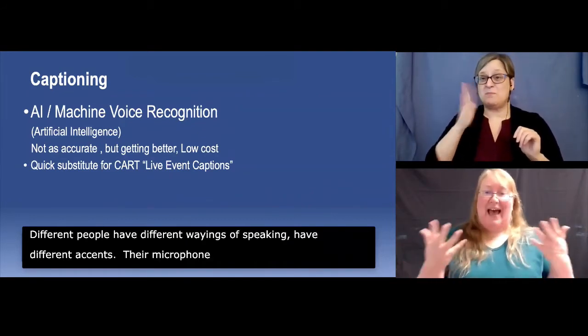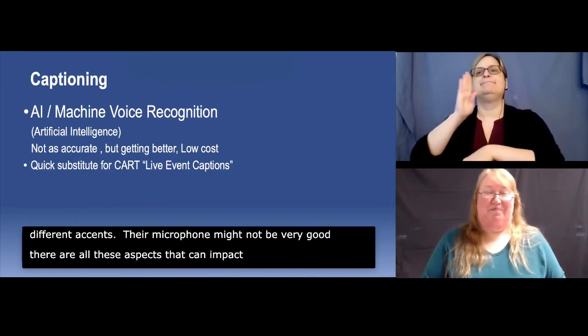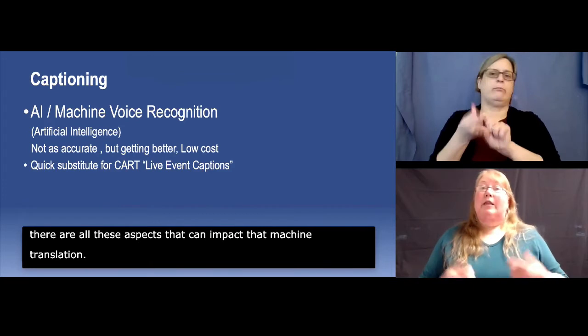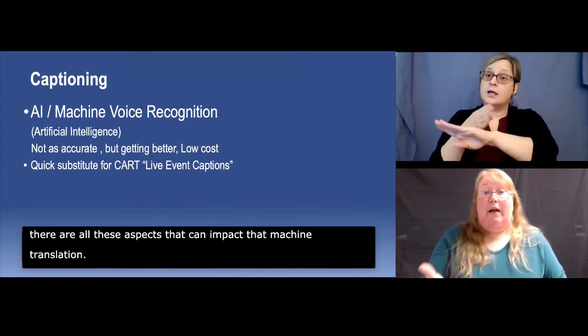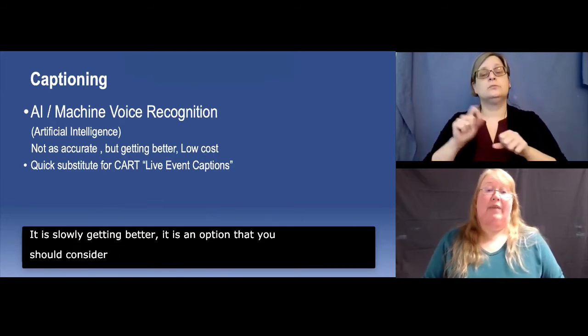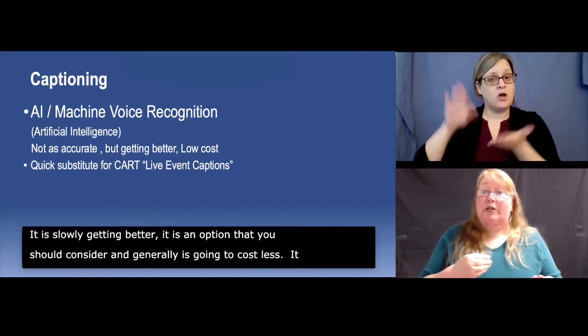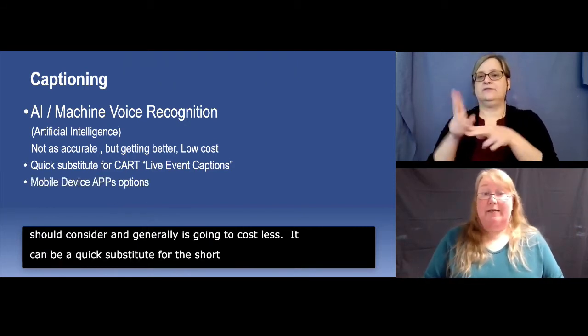There's all these aspects that can impact that machine translation. It is slowly getting better. So it is an option that you should consider, and generally is going to cost less. It can be a quick substitute for those short meetings where you may not be able to get live captions.